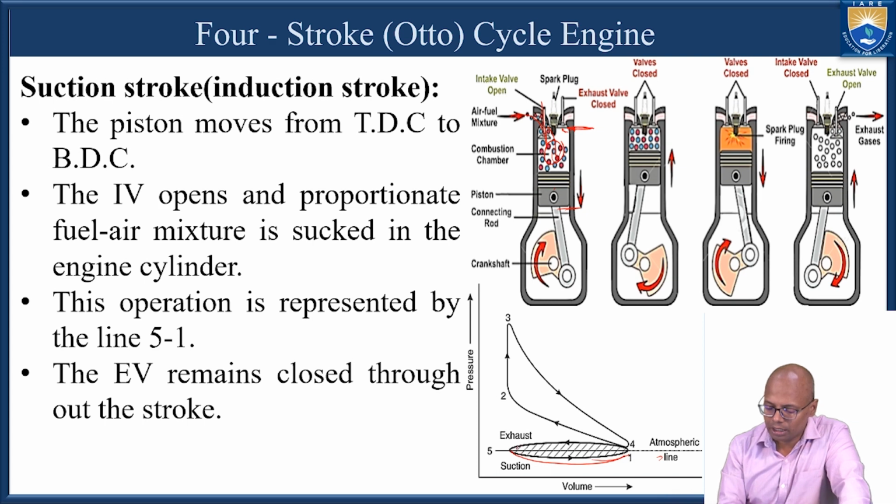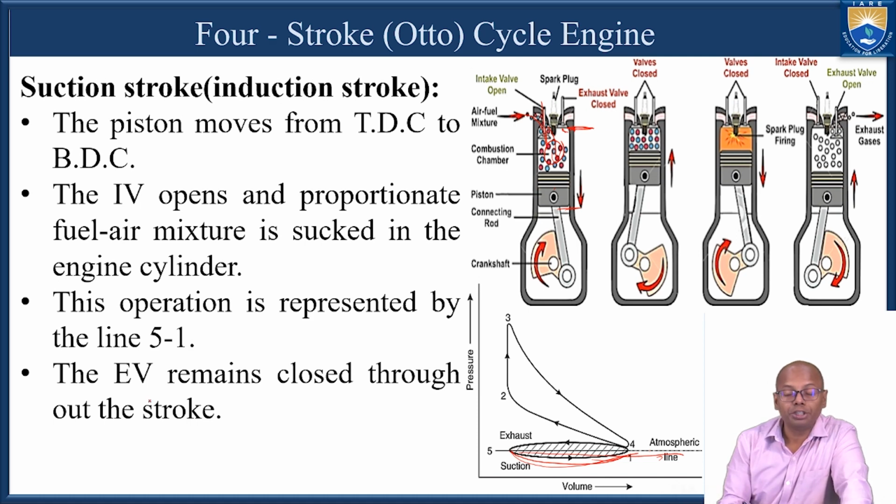Now here, this is the atmospheric pressure line. During the suction stroke, we are sucking the air fuel mixture inside. How does it happen? Because of the lower pressure that is caused inside the cylinder. That's why the suction line is below the atmospheric line.